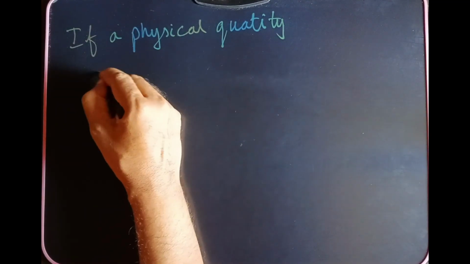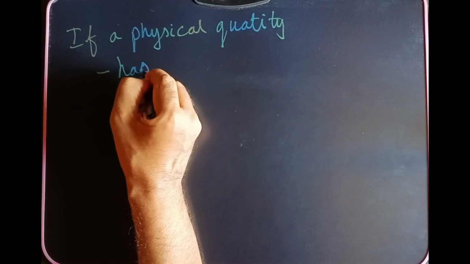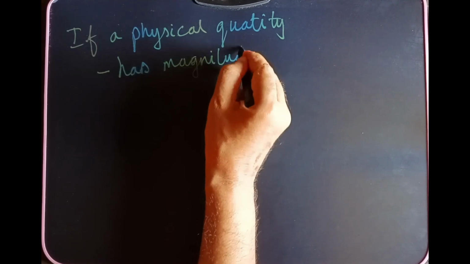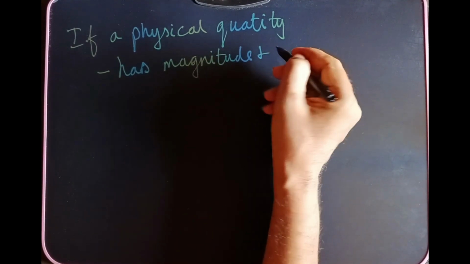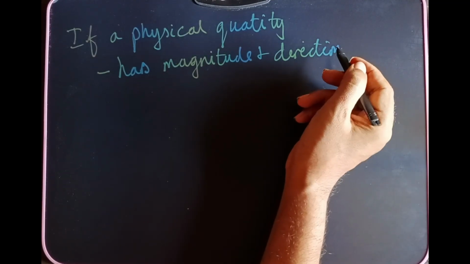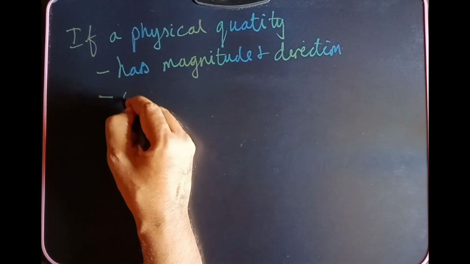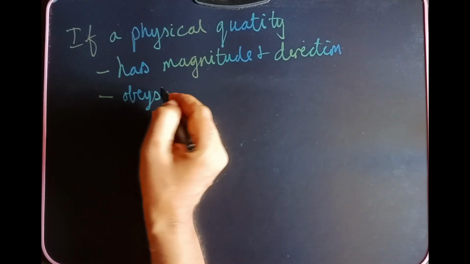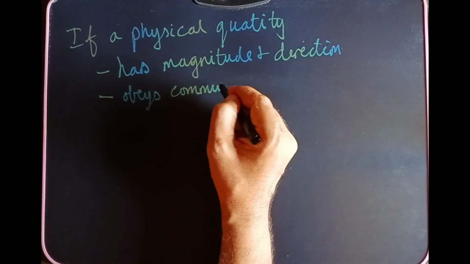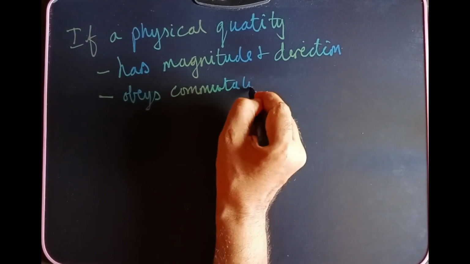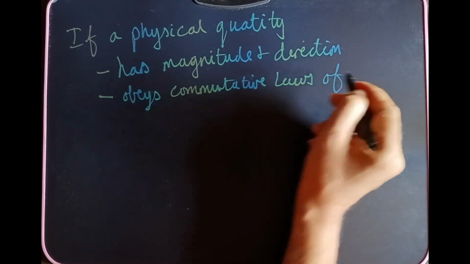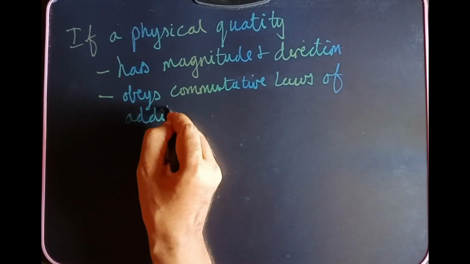If a physical quantity has magnitude and also direction, and not limiting it, but also obeys commutative laws of addition.